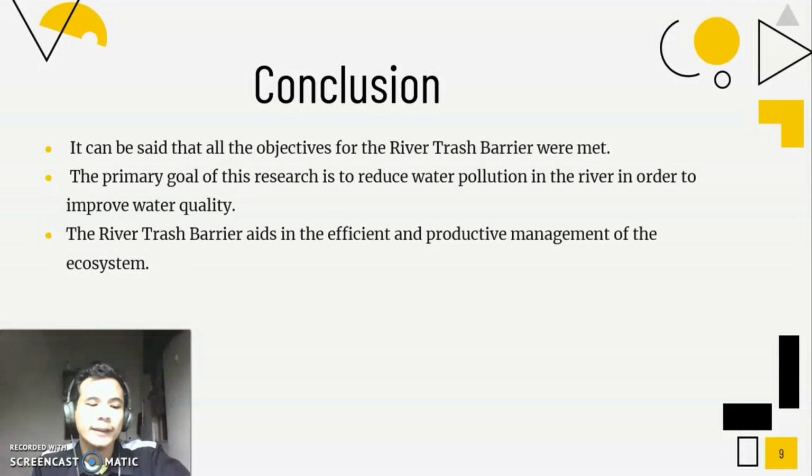Improvement in practice and procedure will allow for more effective planning and education. The river trash barrier aids in the efficient and productive management of the ecosystem. This barrier has an eco-friendly system that ensures the product does not harm the environment.